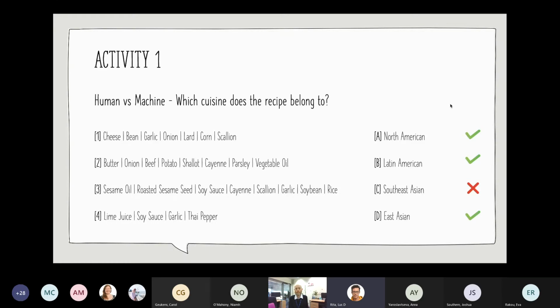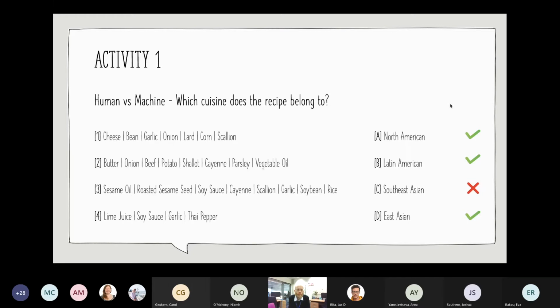I can tell you that this machine learning model that we trained, this transformer, managed to predict correctly 3/4 of these cuisines, and I'm quite interested to see if you are able to as well.